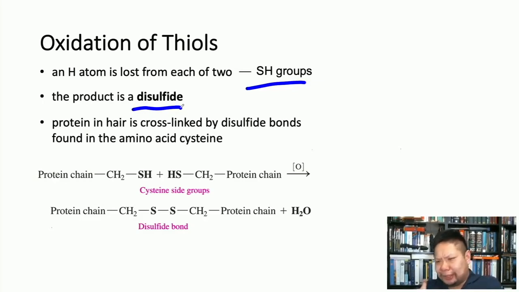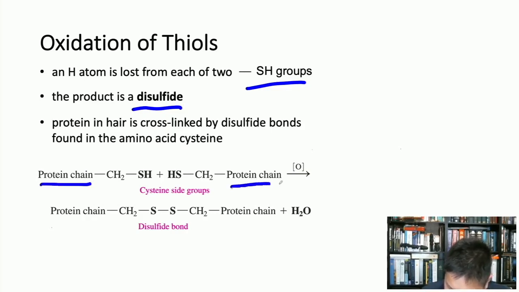Most proteins are held together by their tertiary structures, or the big 3D structures of proteins, are held together by non-covalent interactions. One of the covalent interactions that holds them together is called the disulfide bond, right? So here you have a protein chain, and you have another protein chain. And this could be any one of two different amino acids.